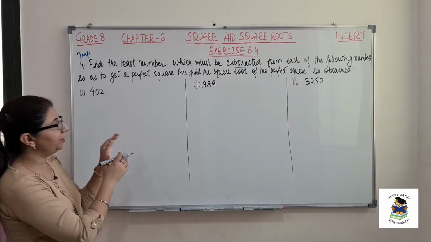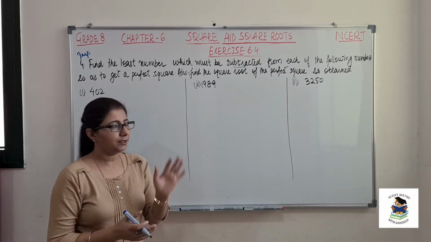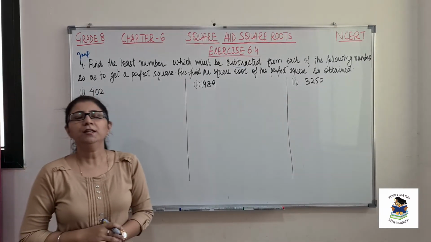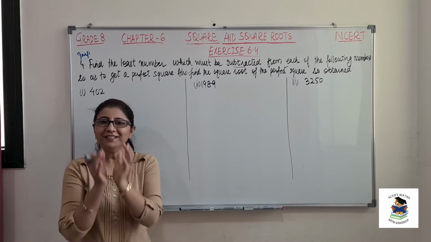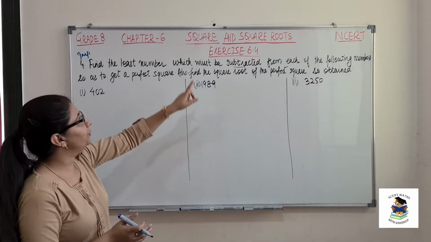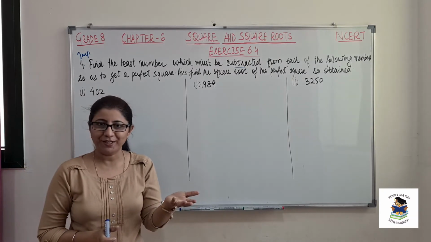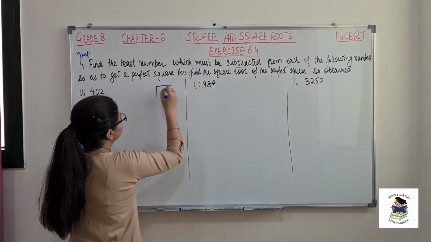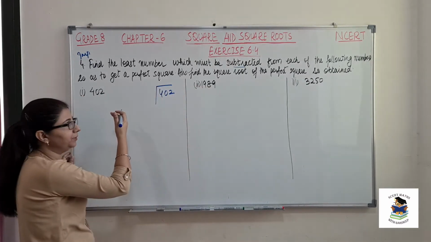So what we are going to do in this question is, first with the help of long division method we will find the square root and then we will see what is the remainder. So whatever is the remainder, that is the number which should be subtracted from your given number to get a perfect square number. Okay. So let's see first 402. As we know, pairing should be done from this side.